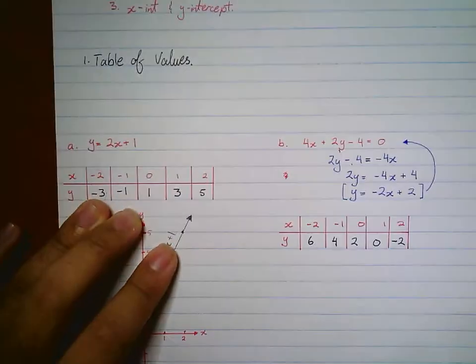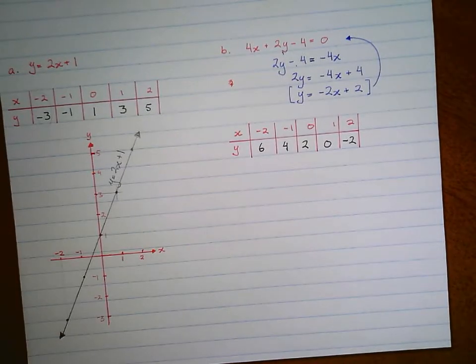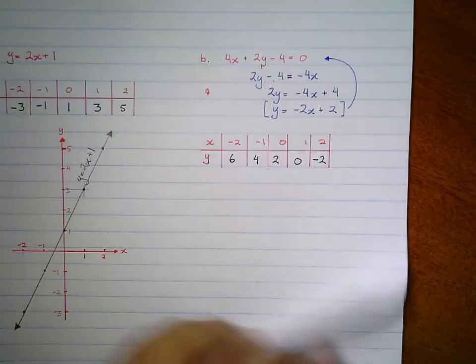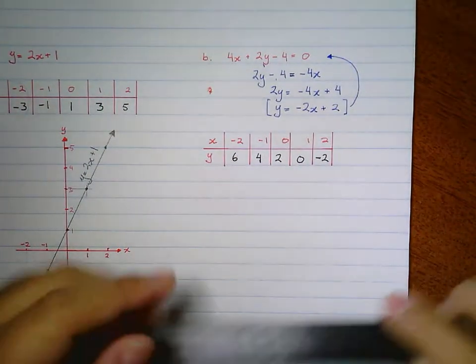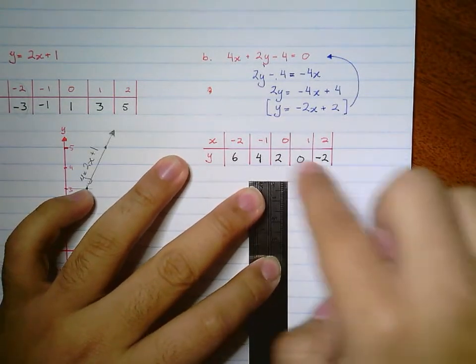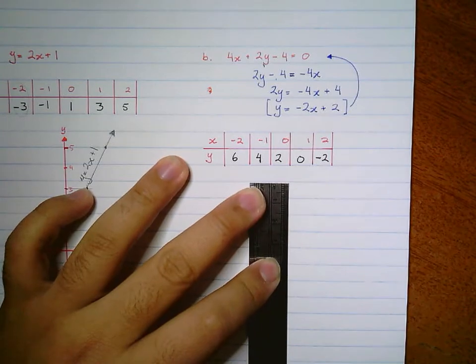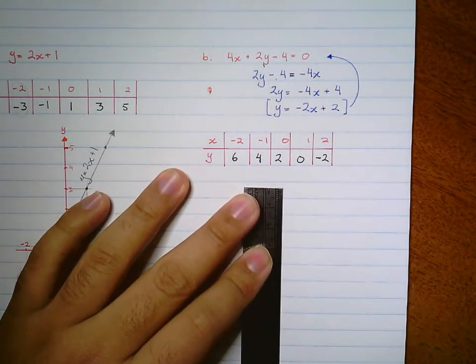Now using these points, we're going to graph our line. If you can see, it goes as high as 6 and as low as -2. So that is about 8 centimeters from -2 to 6. So I'm going to give myself about 8 centimeters here.